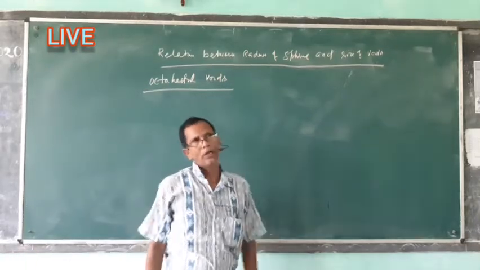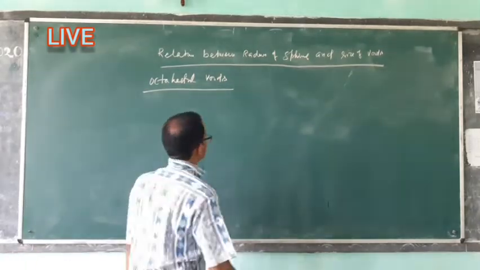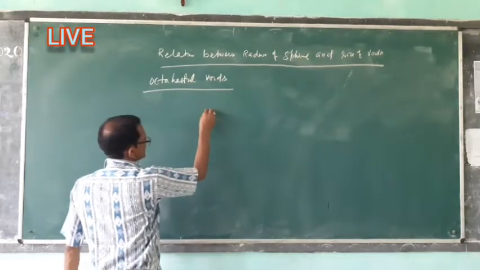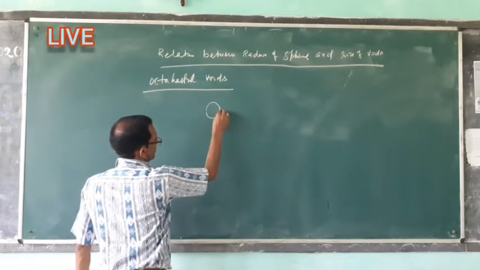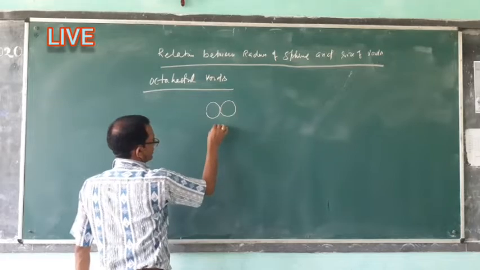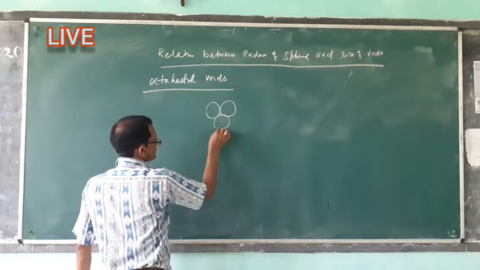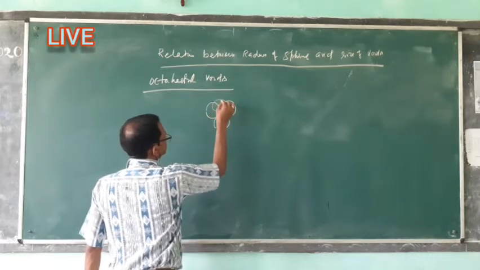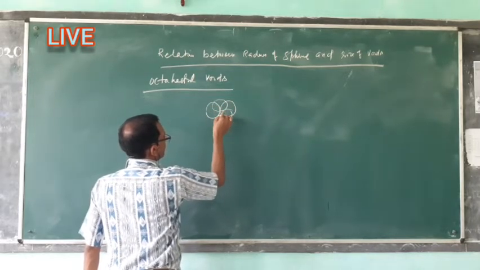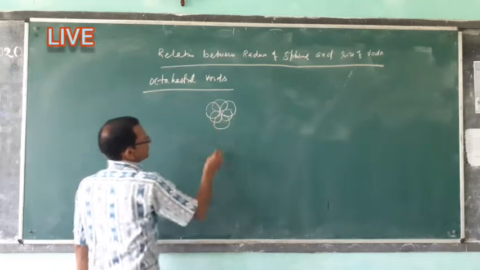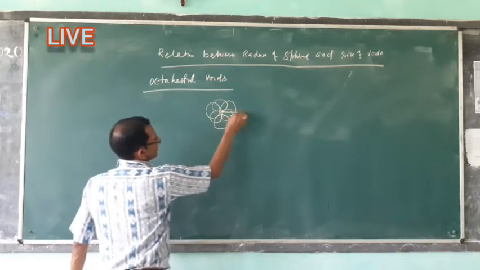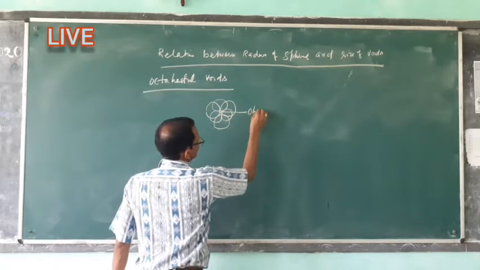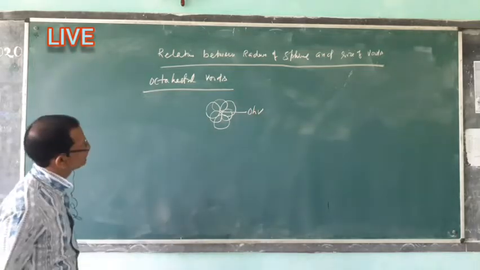We know octahedral voids are generally produced between 6 spheres. So this is your octahedral void, already discussed.